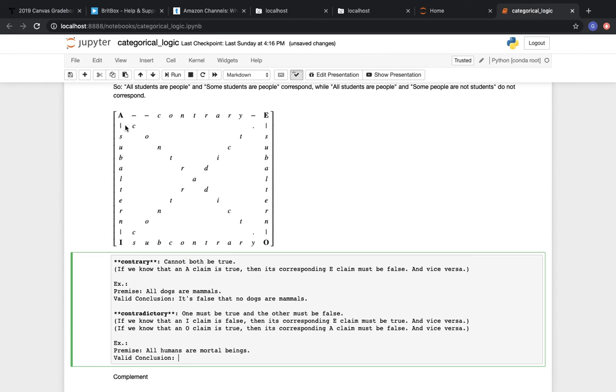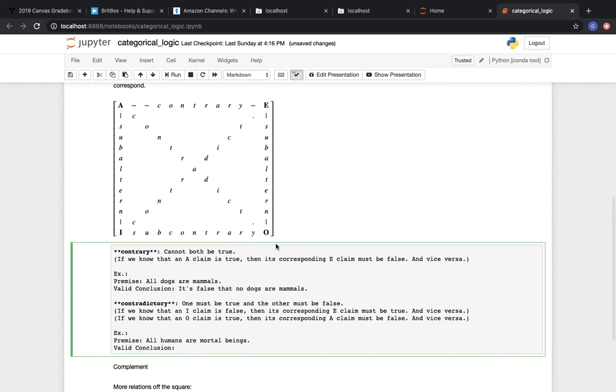Well, I'm starting with an A claim. If I want to use the rule of contradiction, then I'm going to end up with an O claim, and I'll be saying in particular that that O claim must be false, right? So then we'll have it's false that some humans are not mortal beings. Of course, whether this premise is true or not, I will leave for someone more intelligent than I to determine. But given this premise is true, this conclusion certainly follows validly.